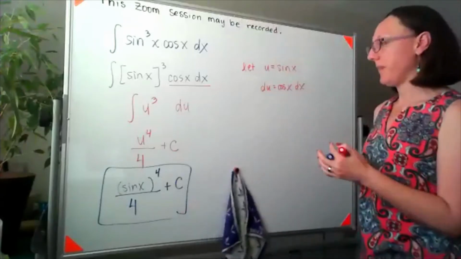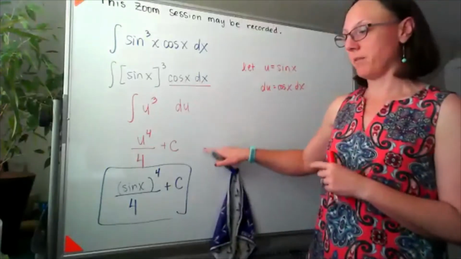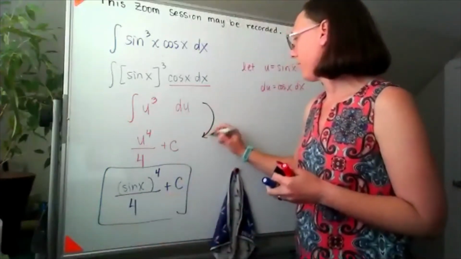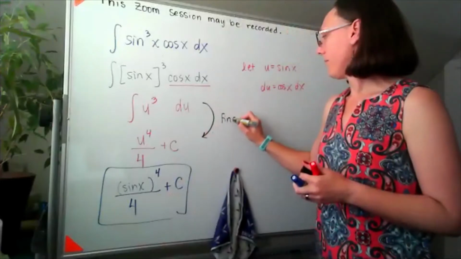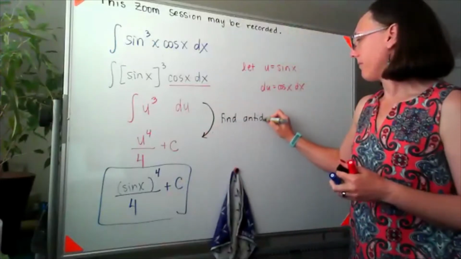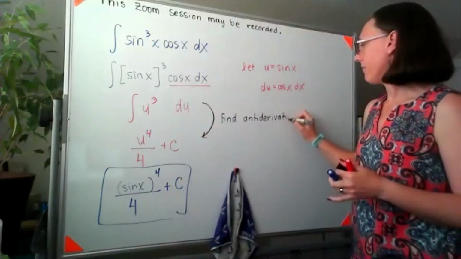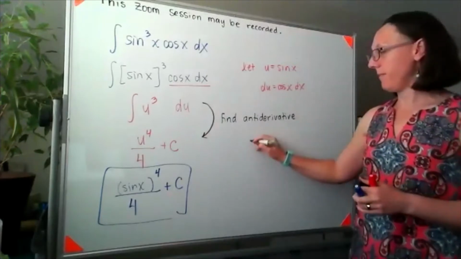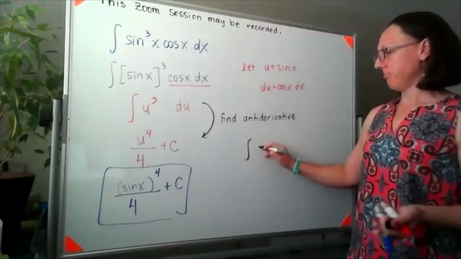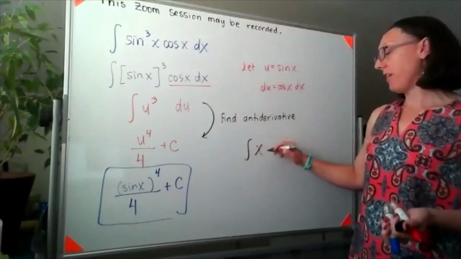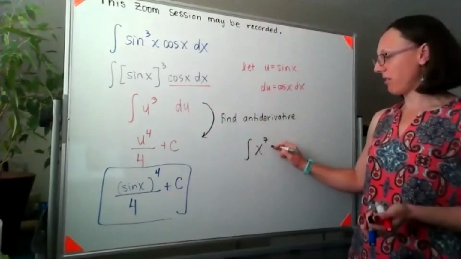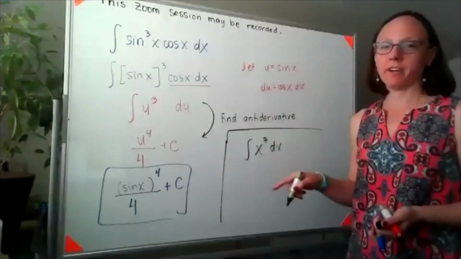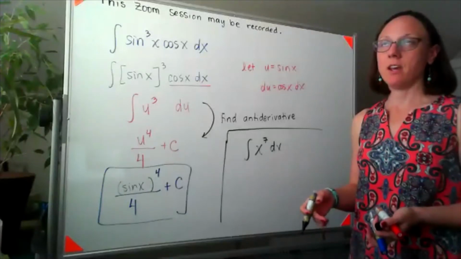So in terms of getting the antiderivative from this step to this step, as a general rule, if I'm integrating, like if I have x to the 7th dx, when we take derivatives, we subtract 1 from the exponent.